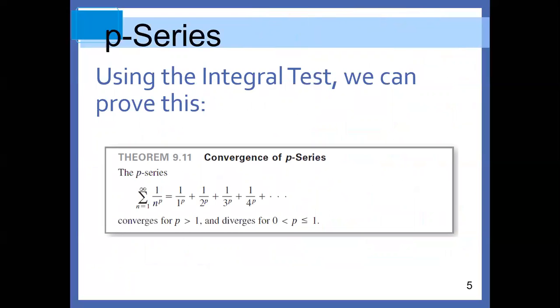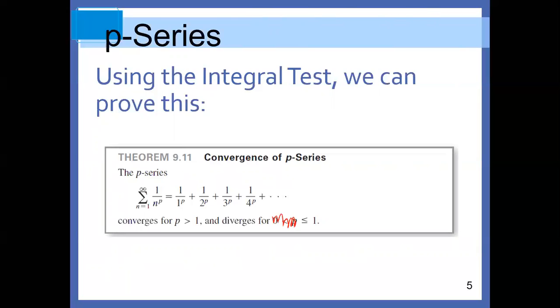Do I have to put the restriction on here that p be positive? No, even if p is negative, this thing will still diverge, because it will be things like the sum of n squared, for instance, where the terms are going to infinity. They are not going to 0, and therefore the series would still diverge.